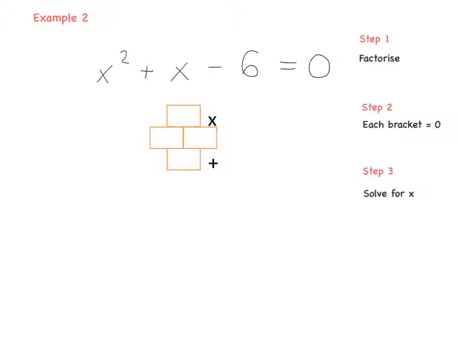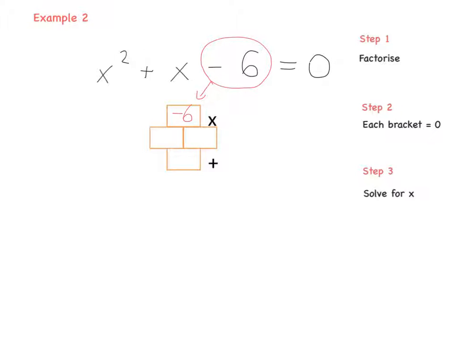So we can use this brick method. First of all, we need to look at minus 6, okay? And minus 6 goes straight on the top, so that's minus 6. And then we need to look at the number in front of x, the coefficient of x, okay?